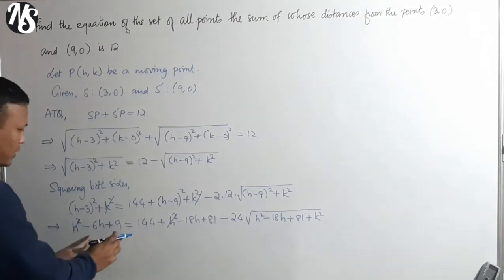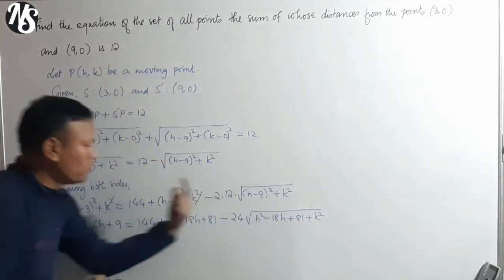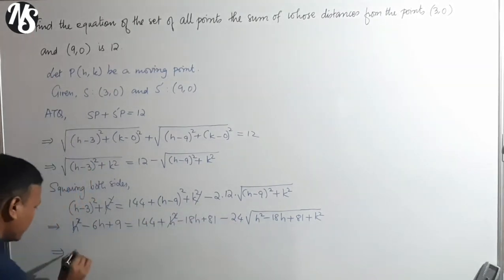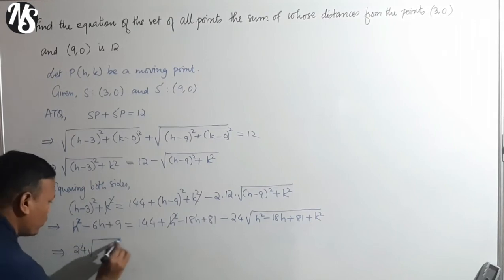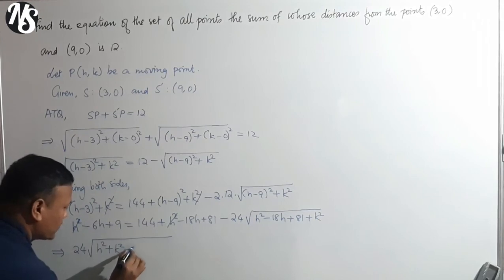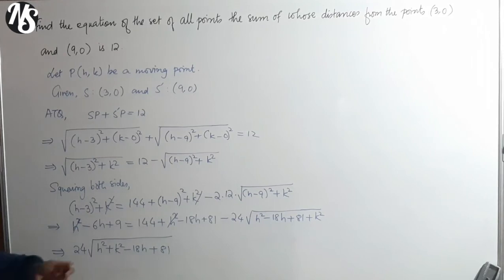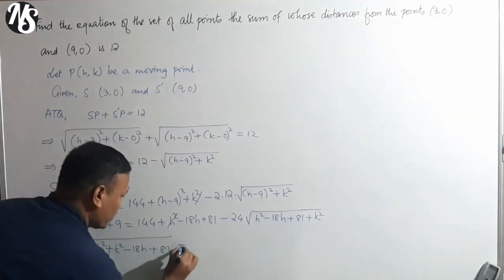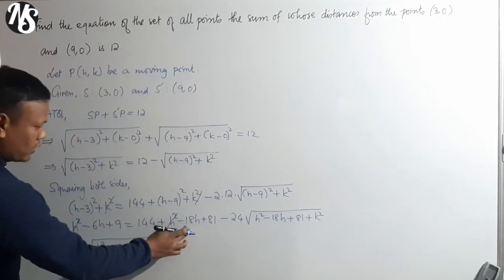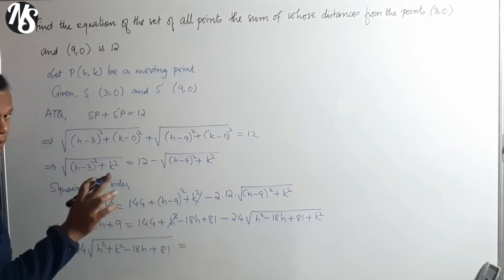Now let me send everything to the right-hand side and take this part to the left-hand side. If I do that, I'll get 24 times the square root of h square plus k square minus 18h plus 81. That's what we get, isn't it? If I send everything to the right-hand side, see carefully, we have minus 18h, and this goes over there because of the minus 6h.